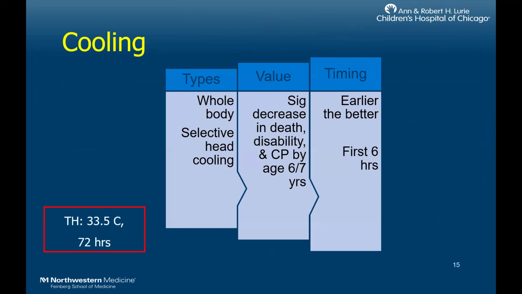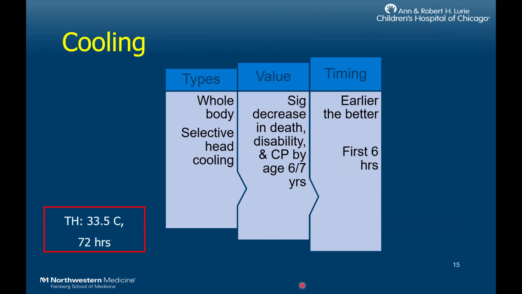Now, cooling comes in two different flavors or two different types, and it has been shown with trials that basically both types are equally effective, both whole body and head cooling. So the baby is cooled down to 33.5 degrees and cooled for 72 hours.